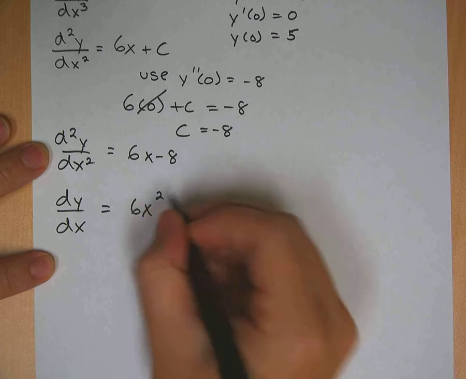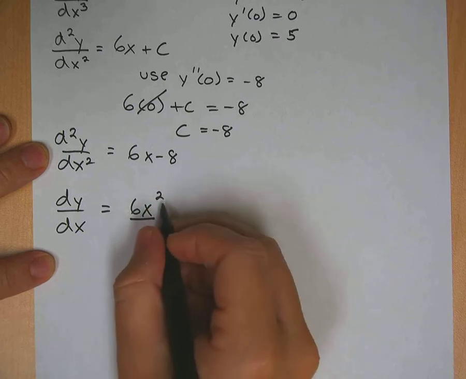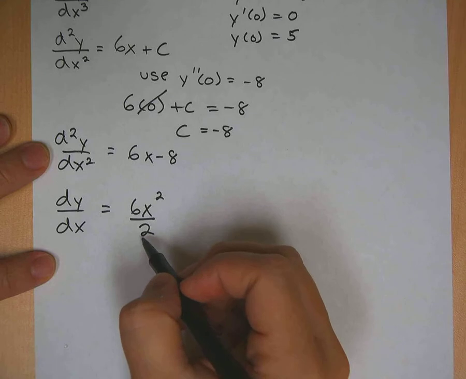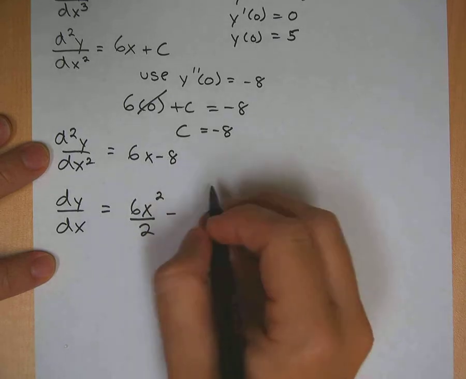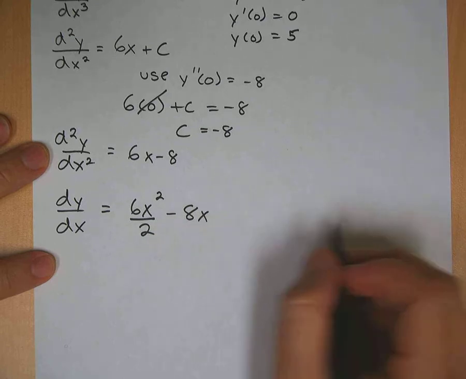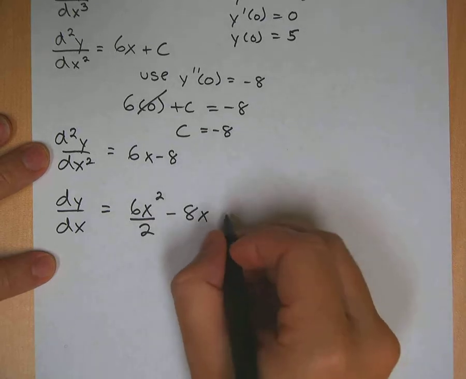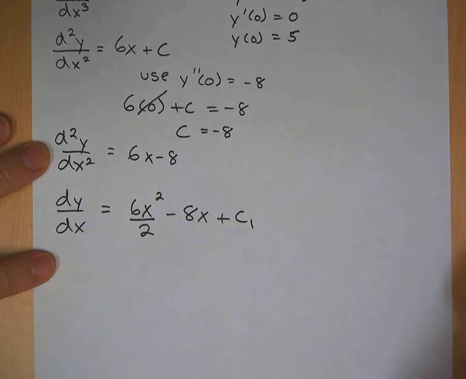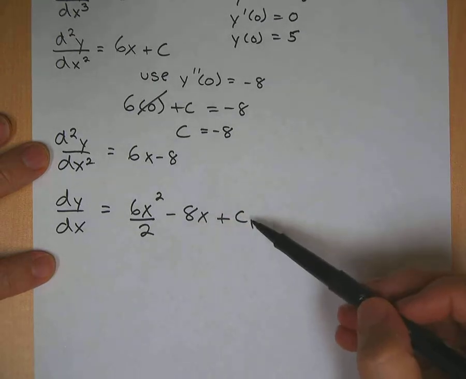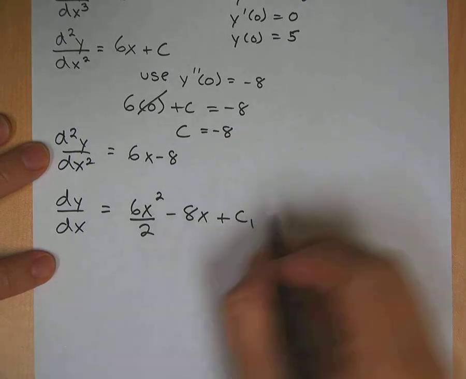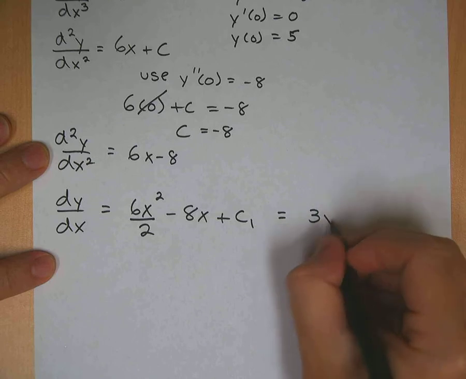The 1 would turn into a 2, and we're going to divide by 2, which will turn into a 3x squared in our next step. For the -8, we just tack on an x, because the derivative of -8x is -8. Plus c1. The reason I put c1 there is because this constant probably is not the same as this constant, so we have to give it a different title.